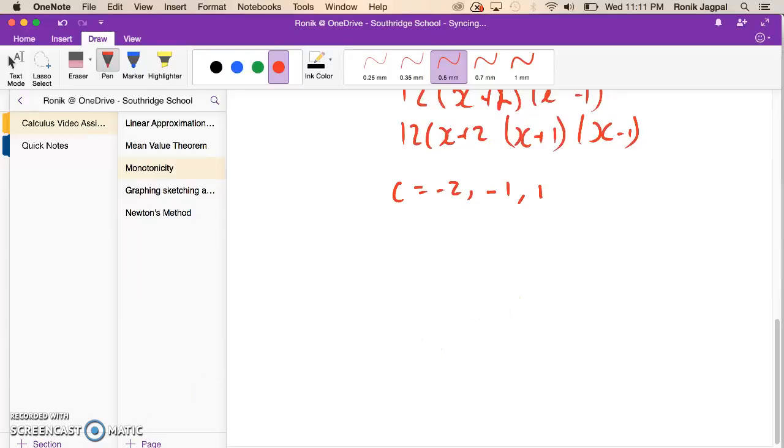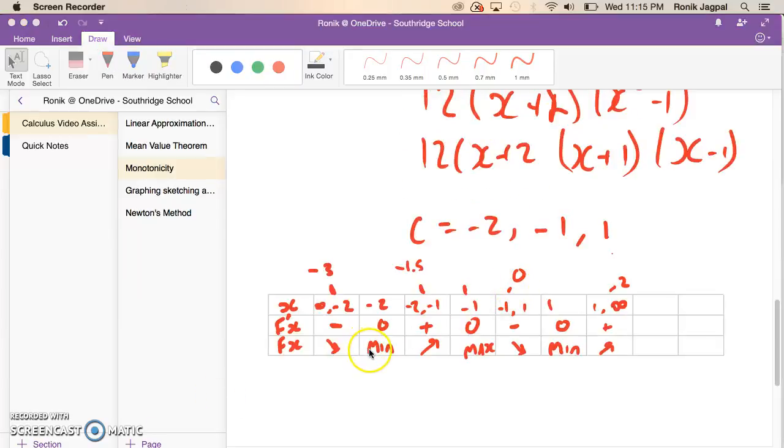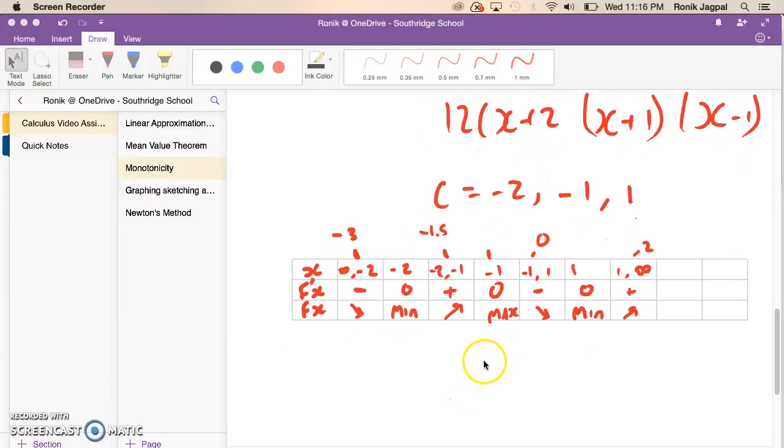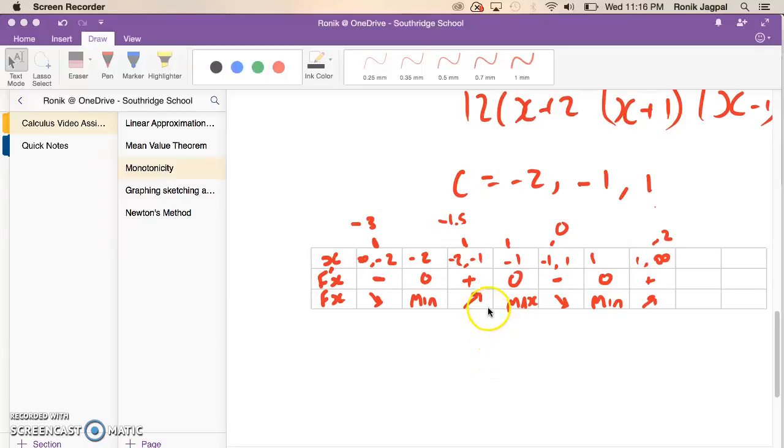After you find the critical points of your function, you can then put them into this graph and figure out if your critical points are minimums or maximums. So the first one, we find our interval from negative infinity to negative 2, and I use negative 3, and in my derivative I got a negative number.